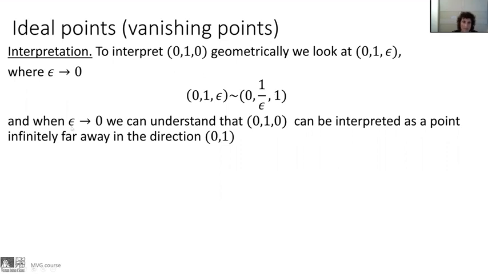And then when epsilon tends to 0, we get the interpretation that the point is becoming infinite in the direction of 0, 1. That's what you see from here. So this is the geometric interpretation of the infinite point.